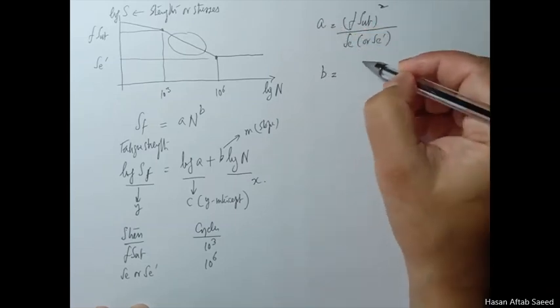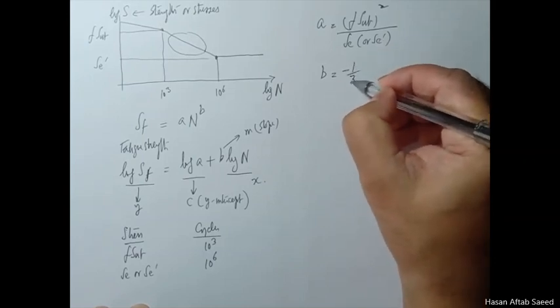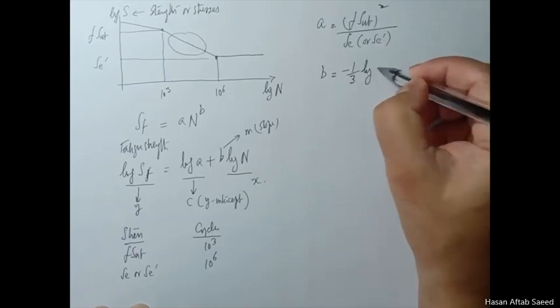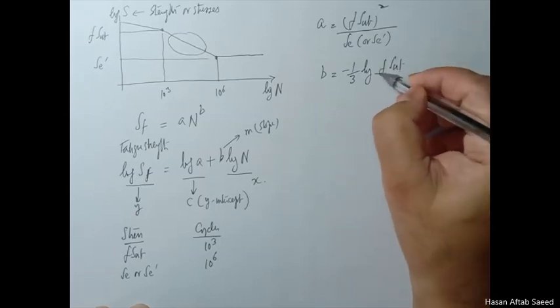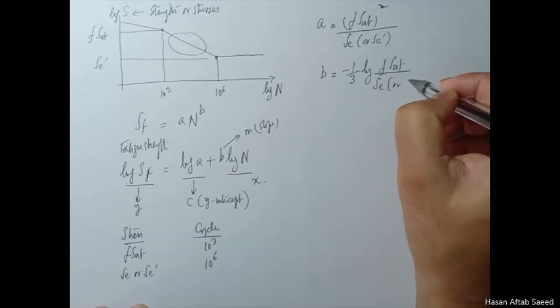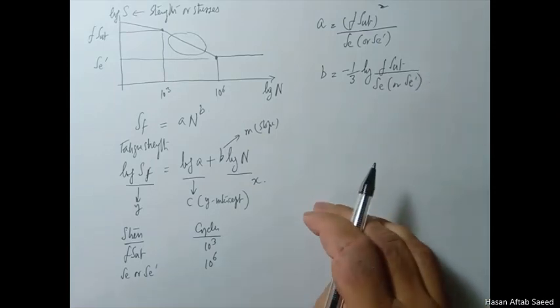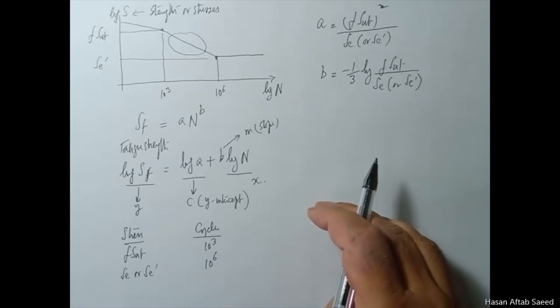At the moment we are only dealing with the experimental samples, but soon we are going to use real world components also. These are the values of a and b.